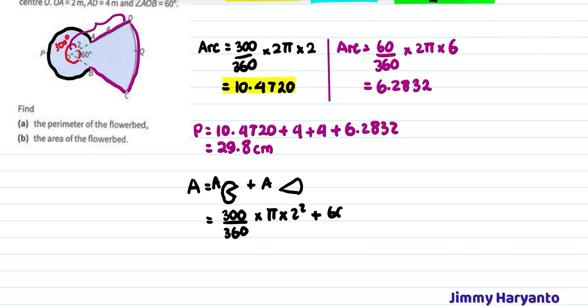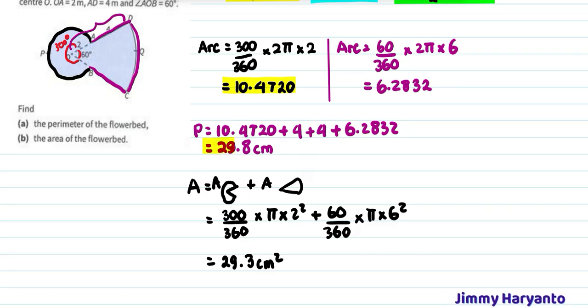For this one, it is 60 degrees over 360 times pi r square, where r is 6. And then just calculate it. Okay, so we have 29.3 centimeter square. There you go. This is the perimeter of the flower bed, and this is the area.